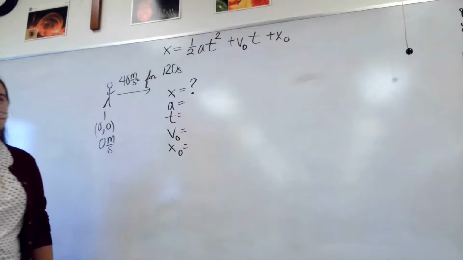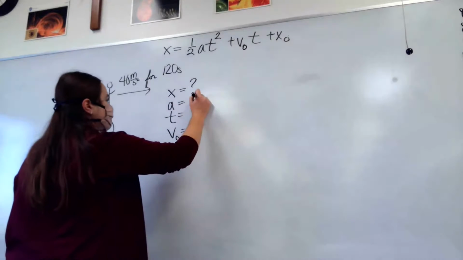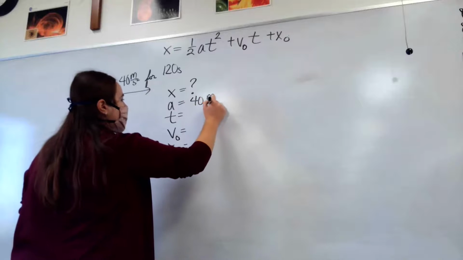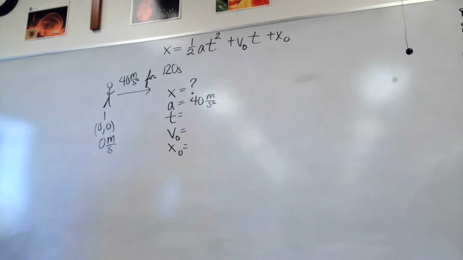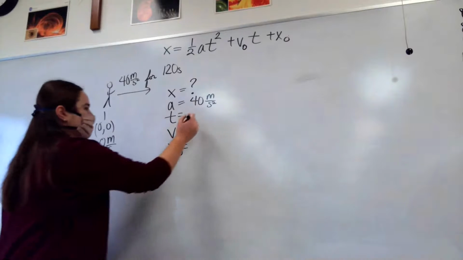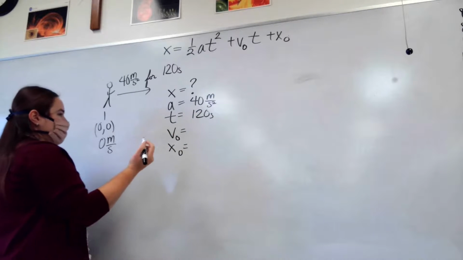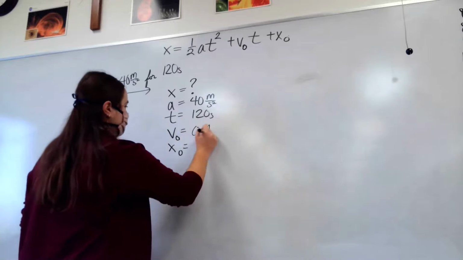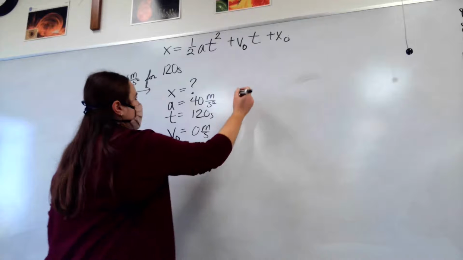What's our acceleration? 40 meters per second squared, just to make sure that's clear. How long? Our time? 120 seconds. Initial velocity? 0. And position? 0.